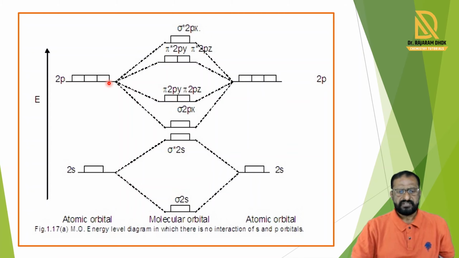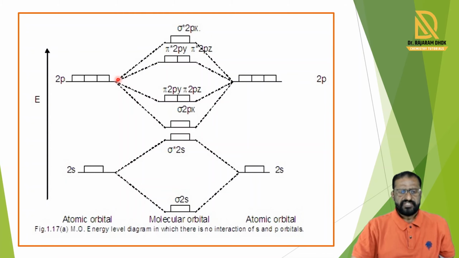Then the pz of the first atom and the pz of the second atom combine, and when their wave functions are the same, there is formation of a bonding molecular orbital, that is pi 2pz. So this pi 2py and pi 2pz are both degenerate, and so they are shown at the same energy level.